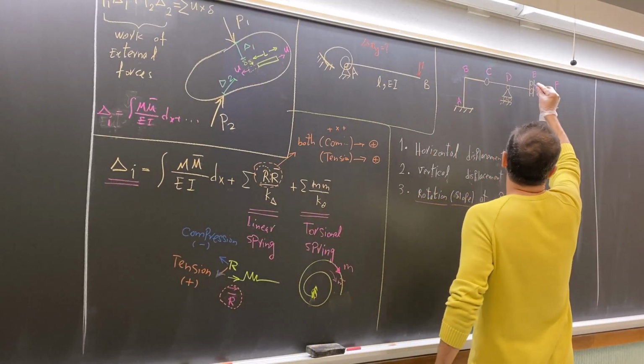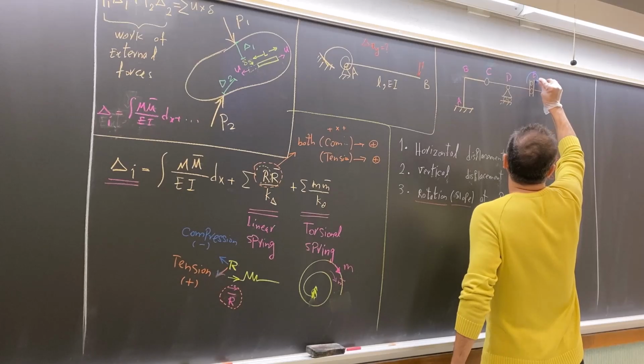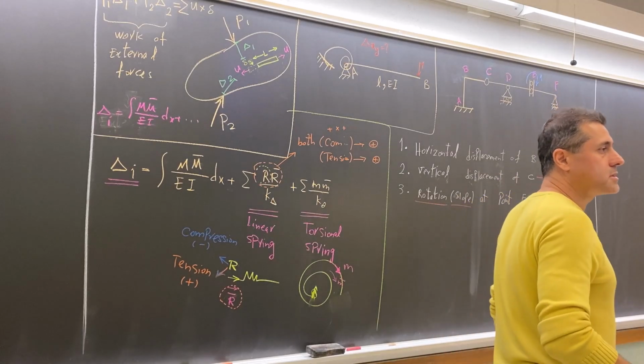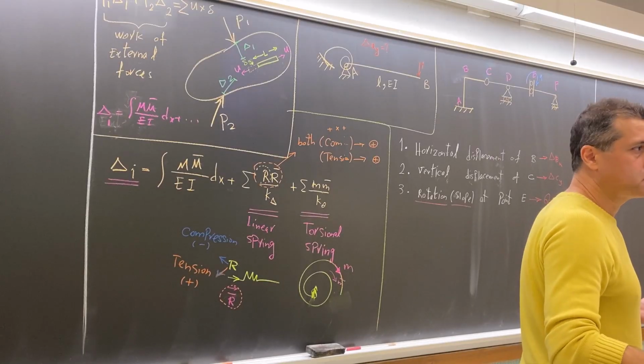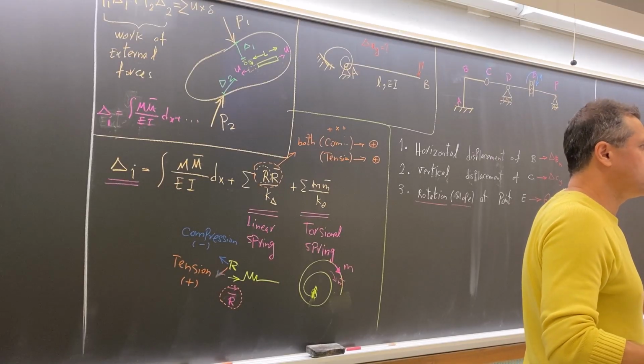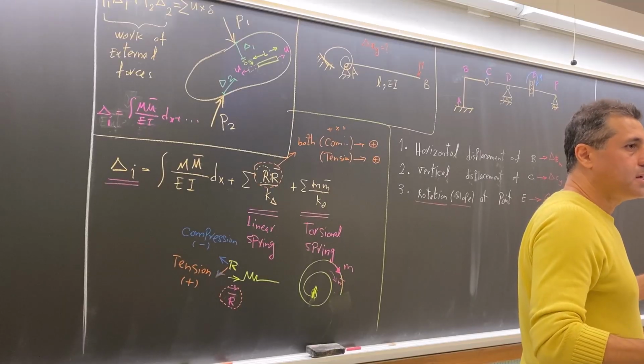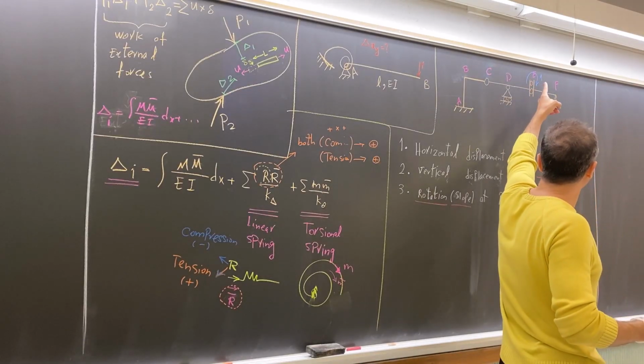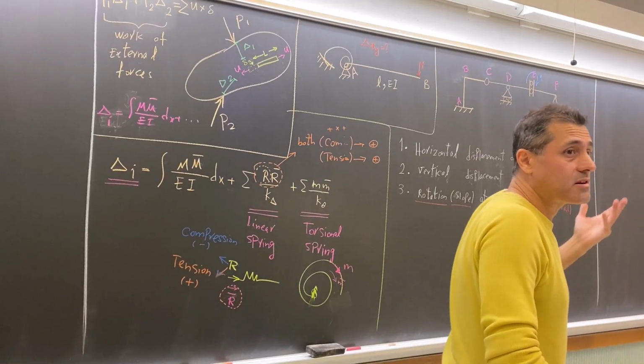Point E. Now my question for Alex is, what is the unit for this? Newton meter. It depends, kip, foot, whatever. The amount is one. My question is, why did I draw it clockwise? Why not counterclockwise?